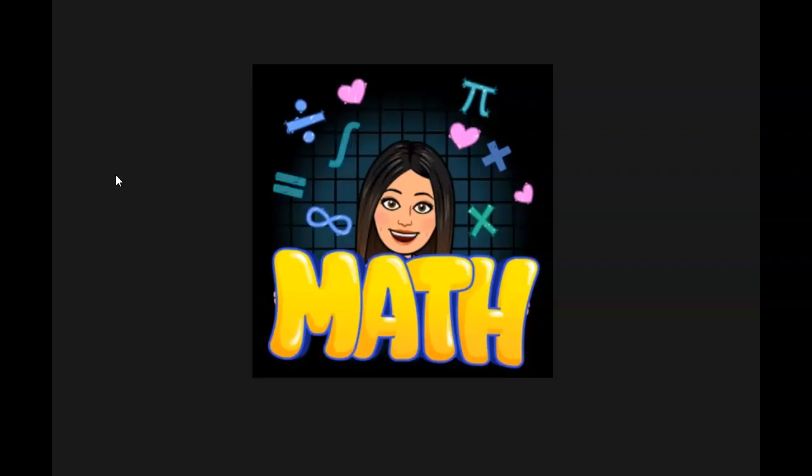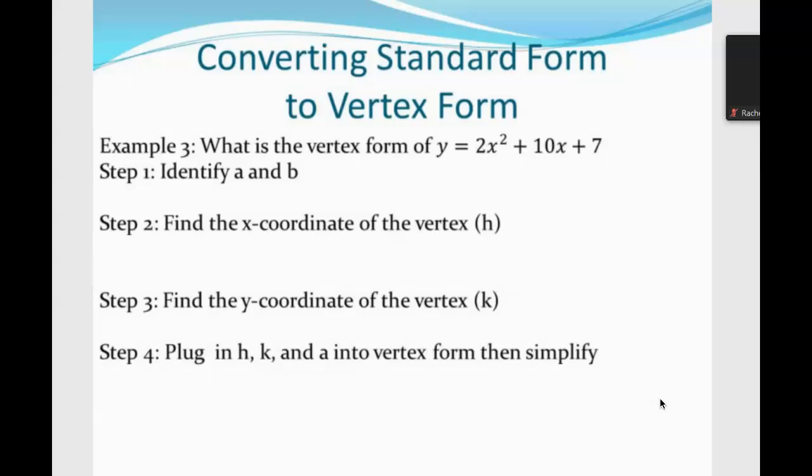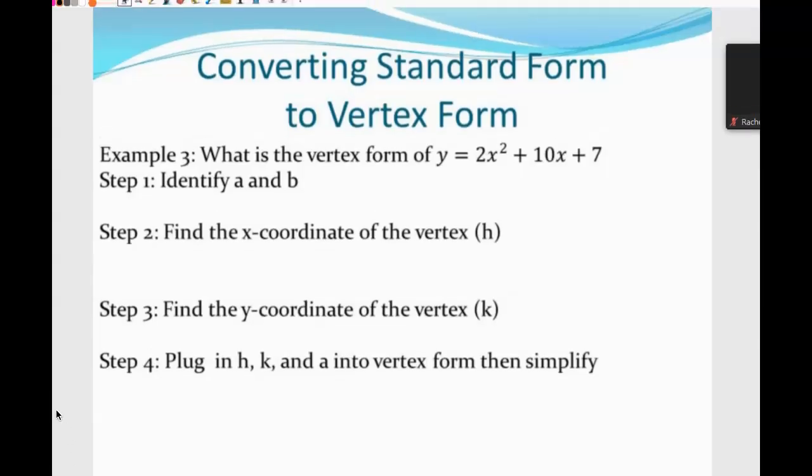Okay, so what did you get for your answer to that part of the problem? What is the k-value of my vertex? Perfect.